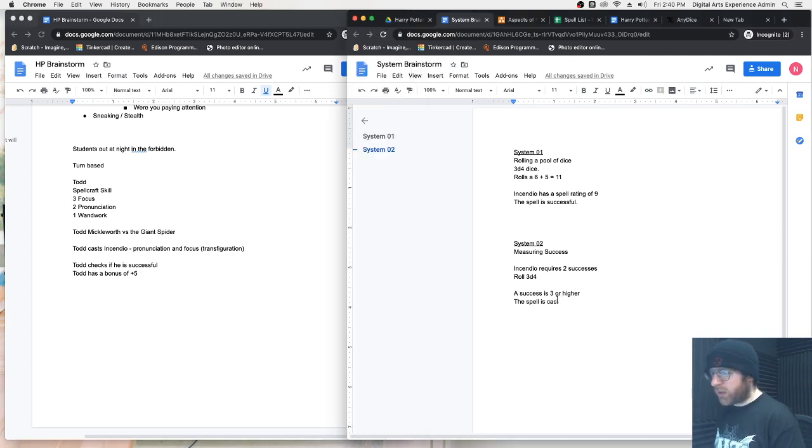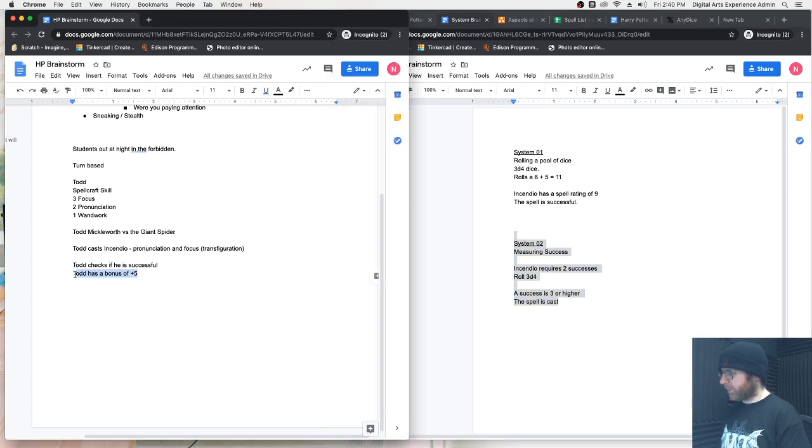And assuming that we're using this system here, let's say he rolls, using system 2, 3d4. Two dice, just in the scenario, let's say, are successful. The spell is cast.